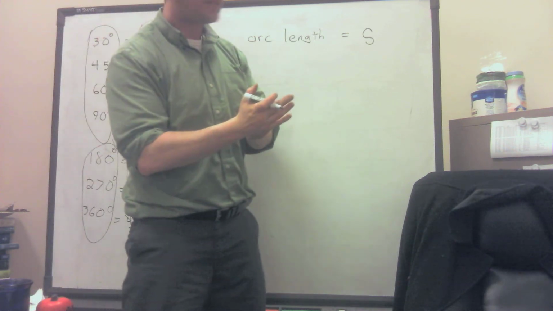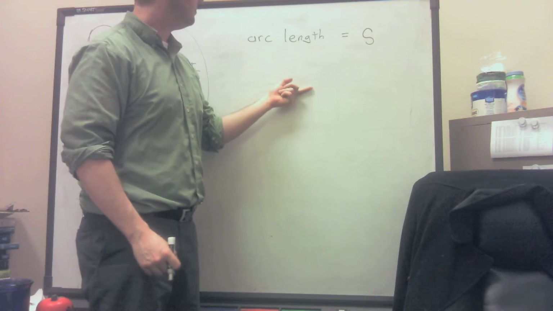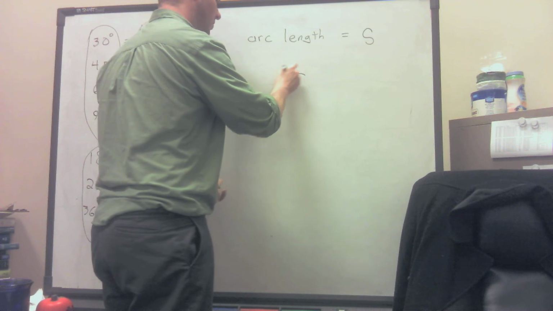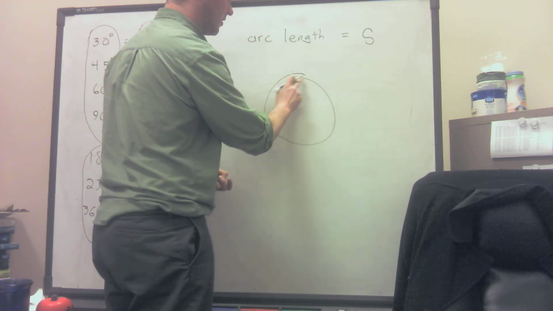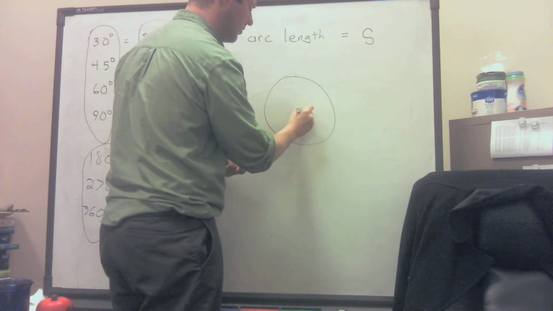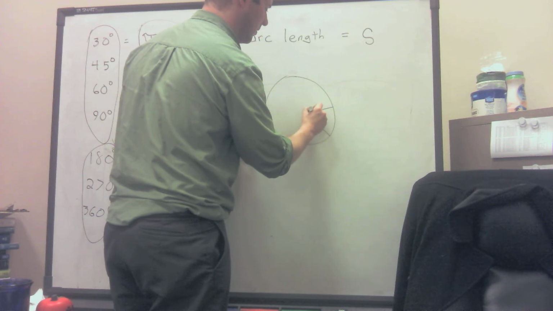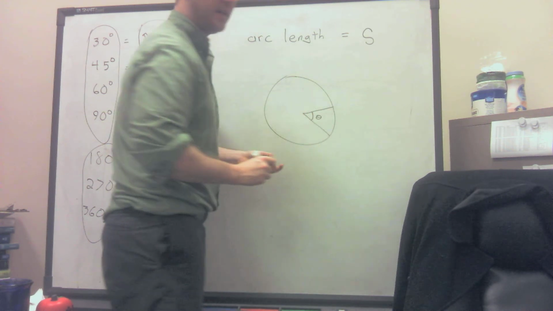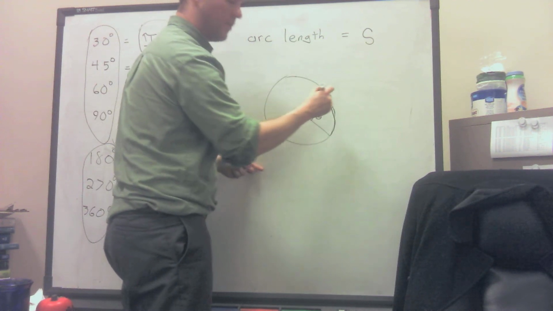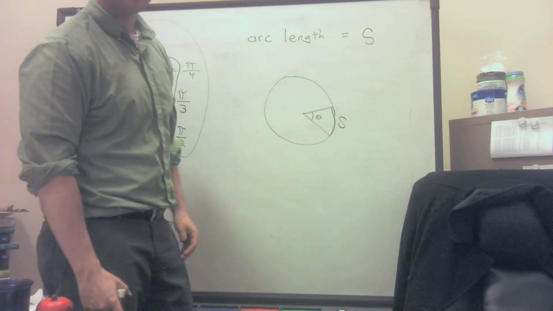And the arc length, that's the distance you've gone along the edge of a circle when you're given a particular angle. So if I give you any angle at all, theta is our standard angle. So I'll draw a circle and I'll cut out an angle from it, theta. Then this distance along the edge of the circle is called our arc length. And the variable for that is s.